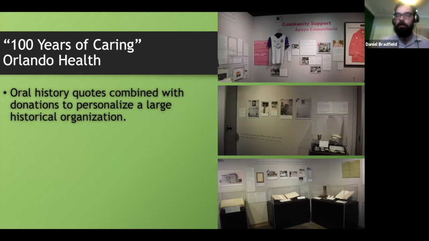She worked in the auxiliary as a volunteer for, I believe, 40 years for Orange County, for Orlando Health and its predecessor organizations. And then at the bottom, it's very difficult to read because of how big the pictures are, but it's a quote from an oral history about hospitalization at the time.